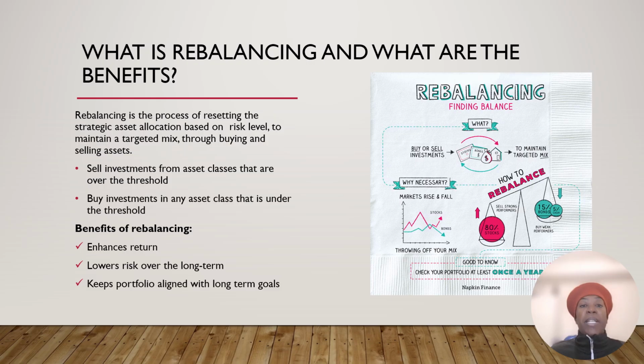And this basically allows us to return the portfolio back to its strategic target asset allocation. Doing this enhances the returns, lowers your risk over time, and keeps your portfolio aligned and balanced with your long-term goals.